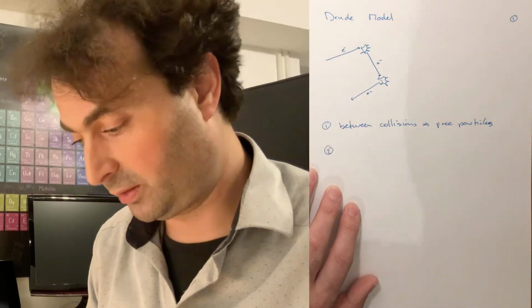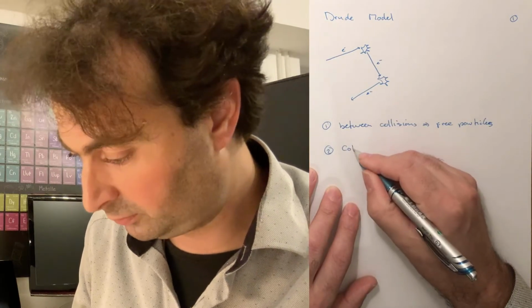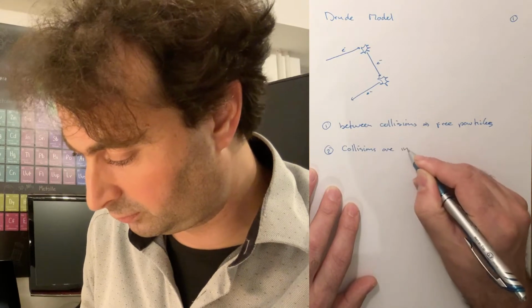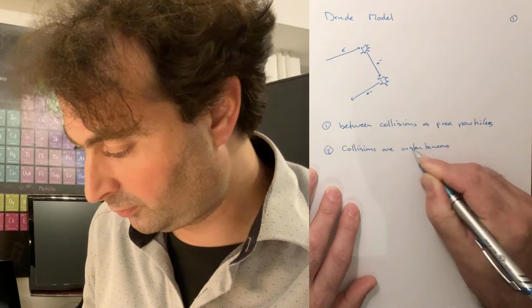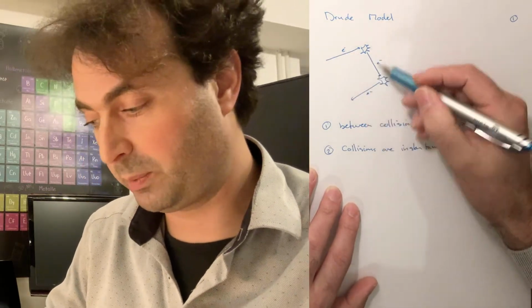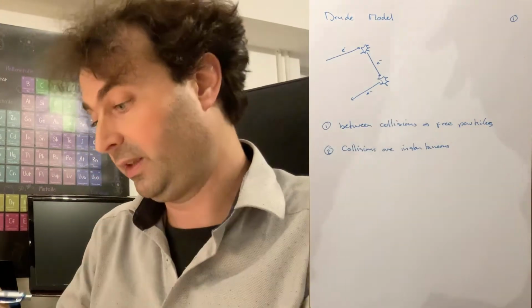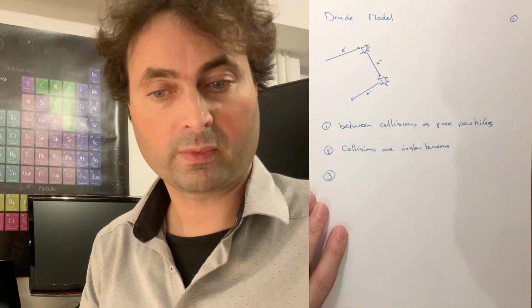The second assumption that we make is that collisions are instantaneous. So we don't have to say you slowly bend in a potential, you just move, at some point in time you collide, and then you move in a different direction.